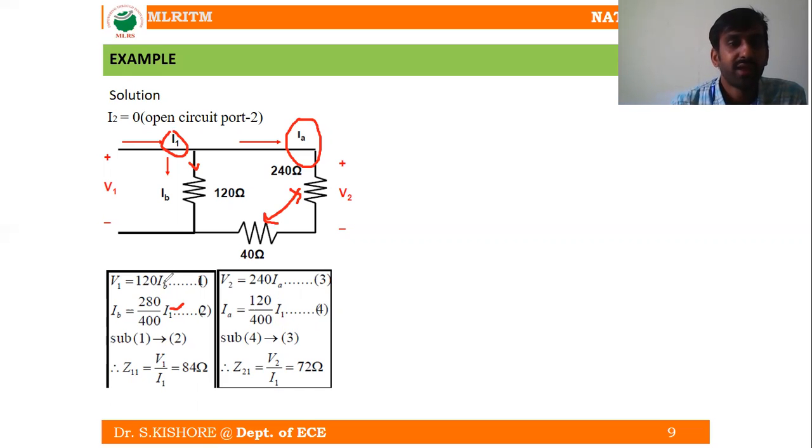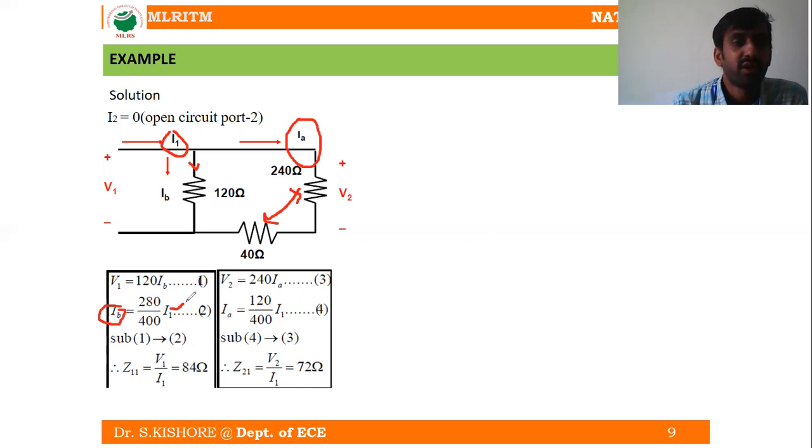What is the value of IB? The value of IB is going to become V1 by 120, from equation 1.